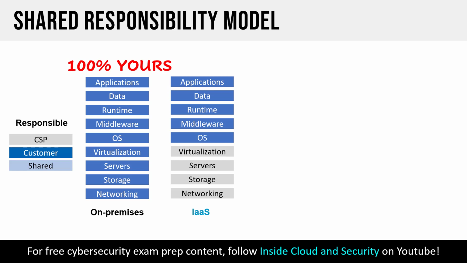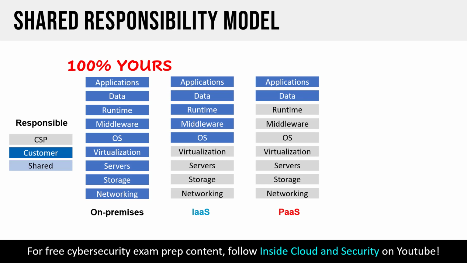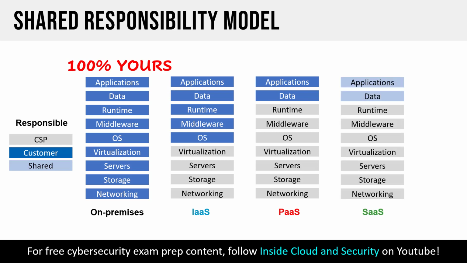We're really dealing with the virtual machines. In the platform as a service model, we're handing over more control, and now the CSP is handling the OS, the middleware, and the runtime. We're really just worried about our data and the applications we're running in the PaaS context. And when we get into a software as a service model, we're handing almost all the control over to the cloud service provider.